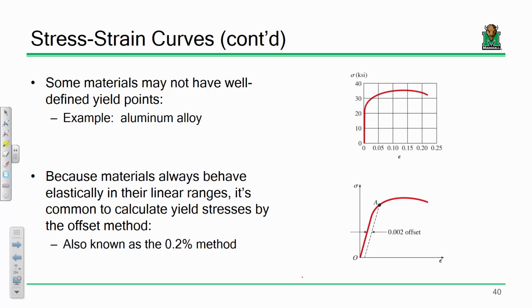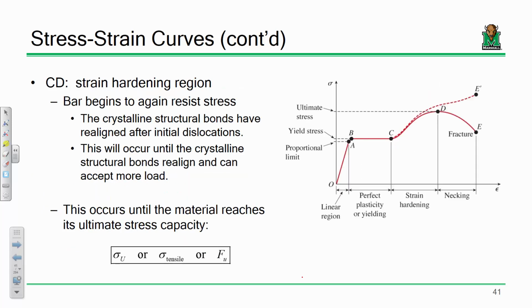Okay. Now, once those bonds have begun to realign after it yielded, some of those bonds begin to dislocate. Once those bonds have realigned and started taking load, it'll begin to deform again. It'll begin to accept load and resist that a little bit.